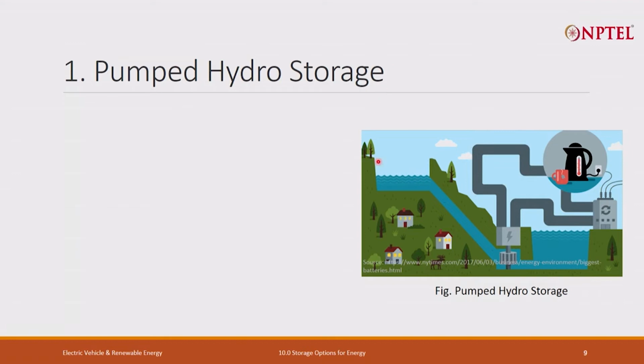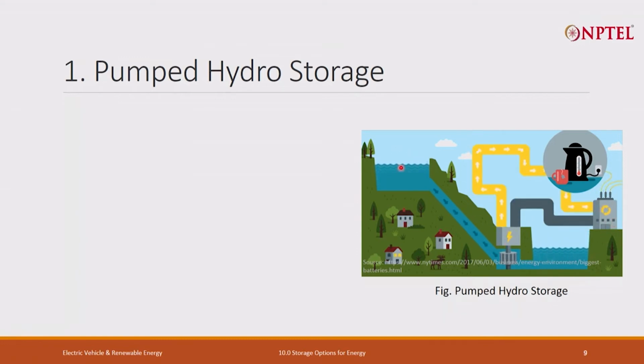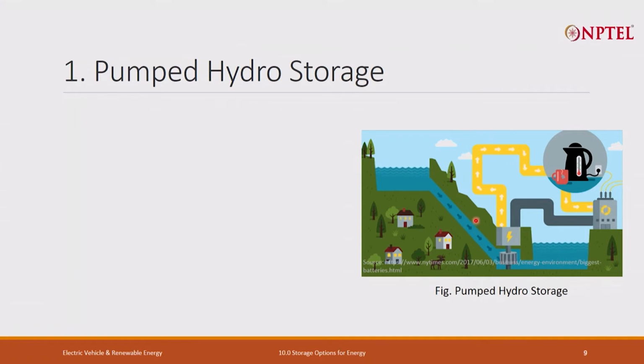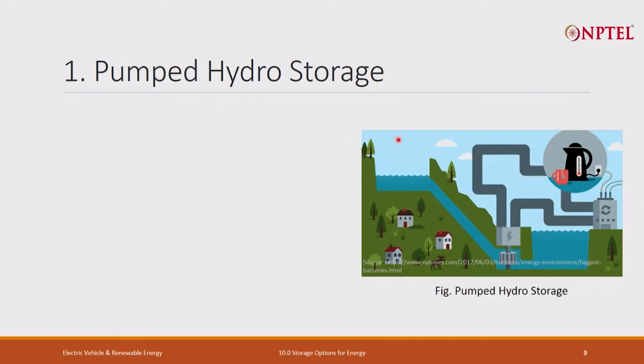What you see here is a pumped hydro system. We have two storages, at the top and the bottom. This is the renewable energy grid, which is connected to our household. Whenever we have excess energy, we pump water back to the reservoir which is at a much higher height, so we convert it into potential energy.